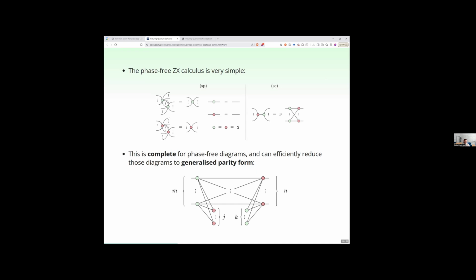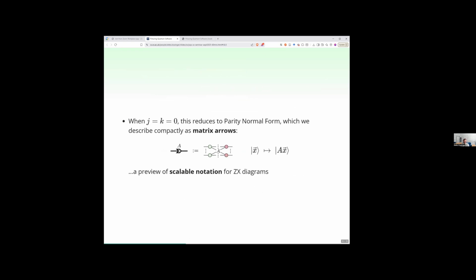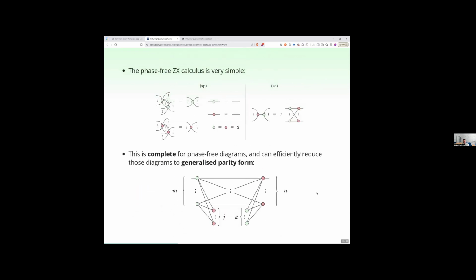The way that you can prove completeness is by reducing things to a new normal form that we introduced, which is called the generalized parity form. In this form, you notice that we've got some Z's on the inputs, some X's on the outputs. They're connected by some wires, and then we have some extra nodes here.